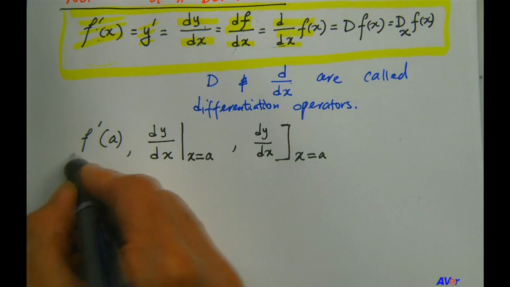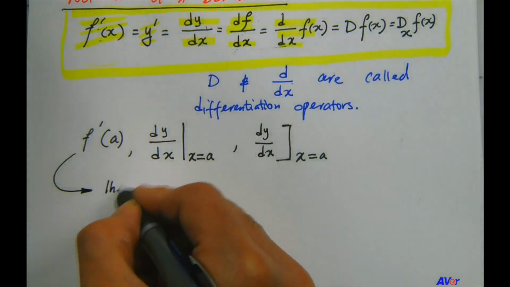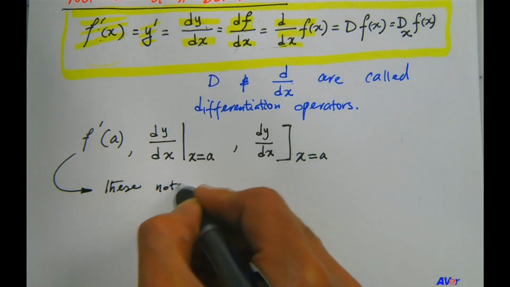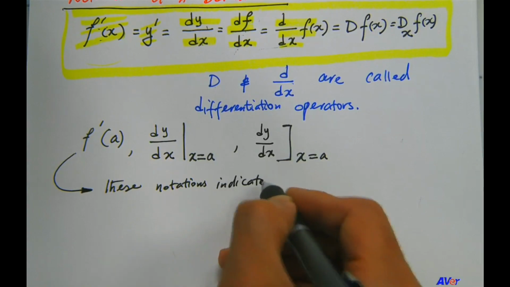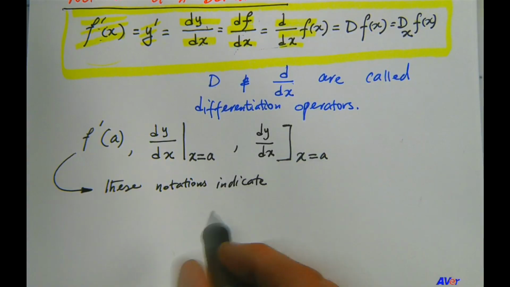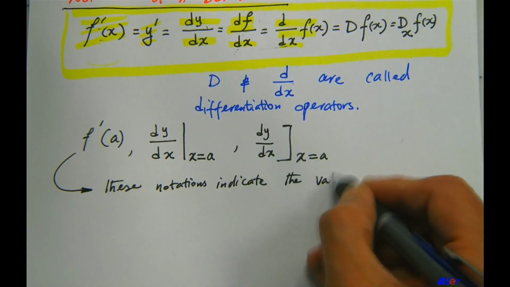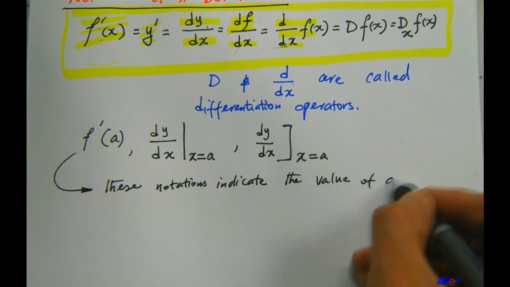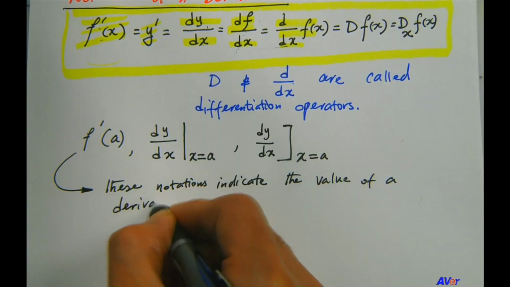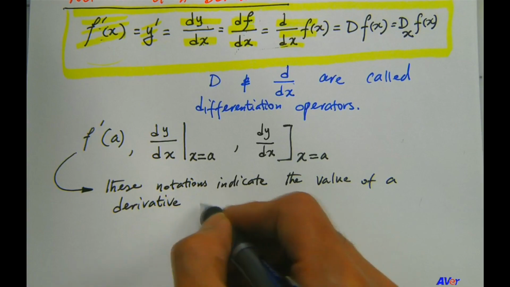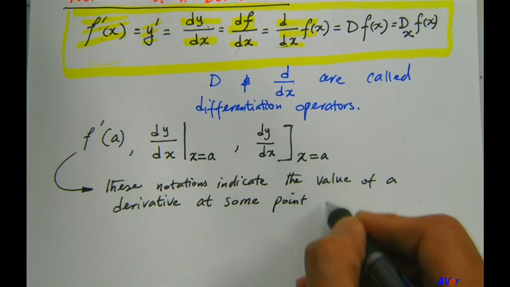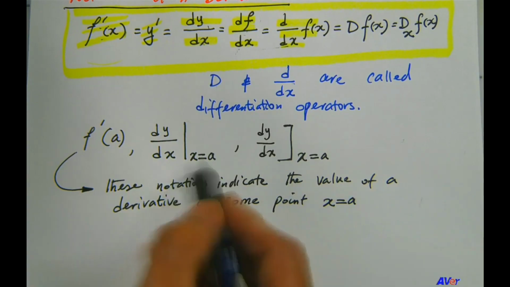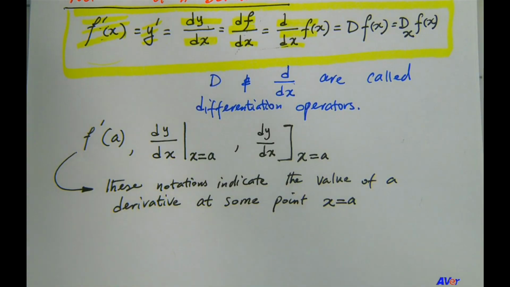So these notations indicate the value of a derivative at some point, let's say x equals a, right? Because these are x equals a. But x can be anything, okay?